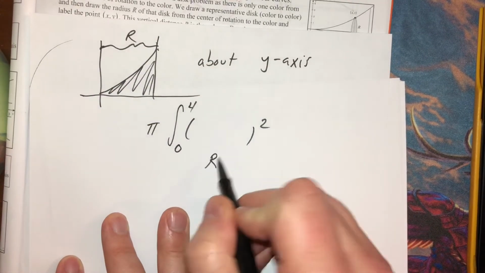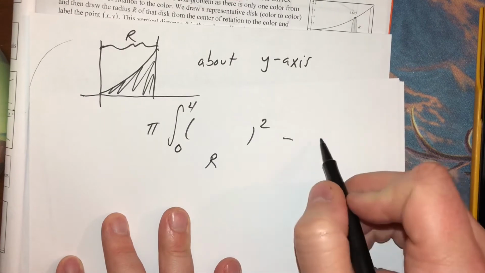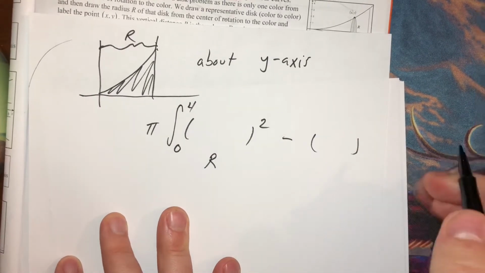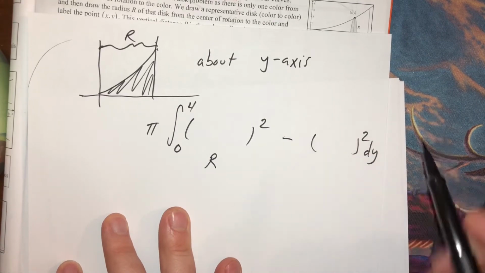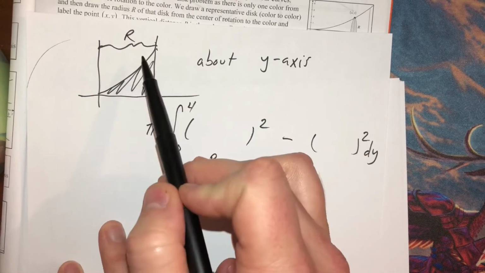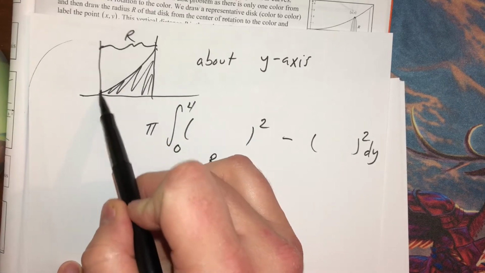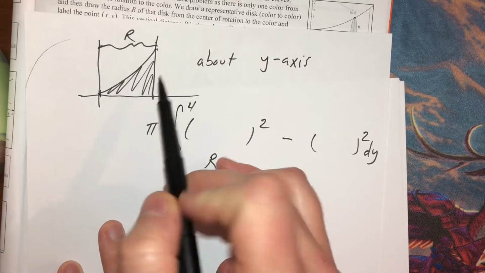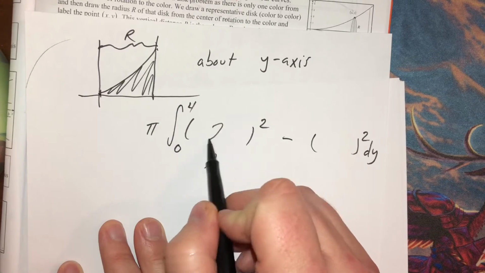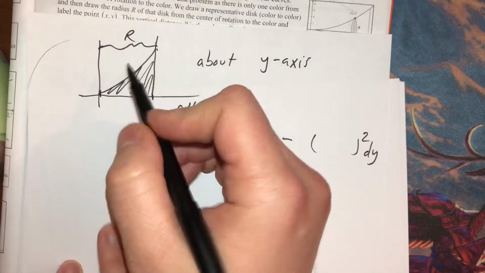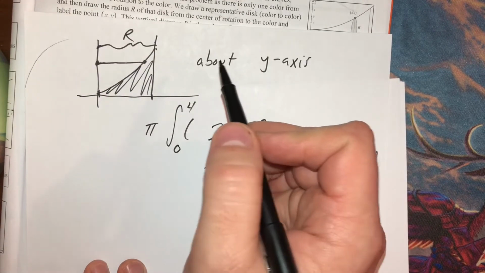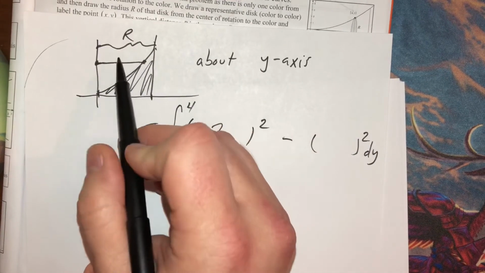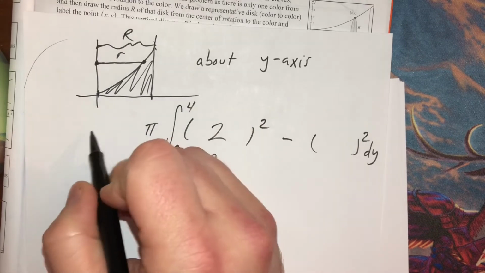So that's going to be big radius minus little radius, dy. Excuse me, so the big radius is just going from the axis to x equals 2. So our big radius is just going to be 2. Our little radius is going to go from 0 up to our curve.